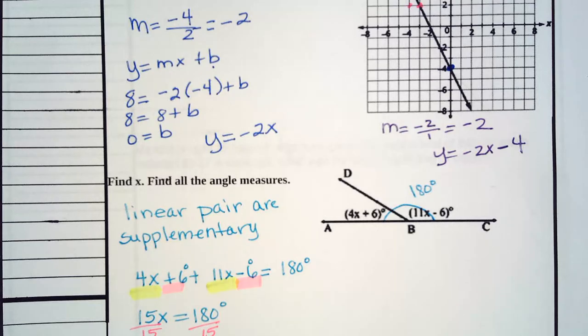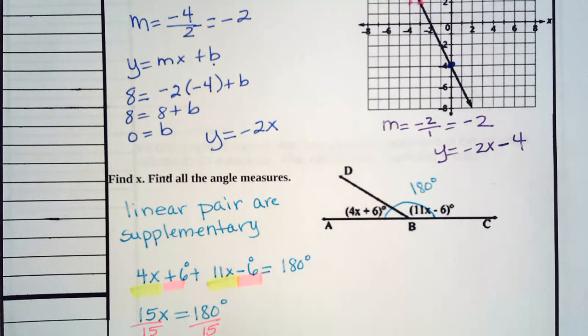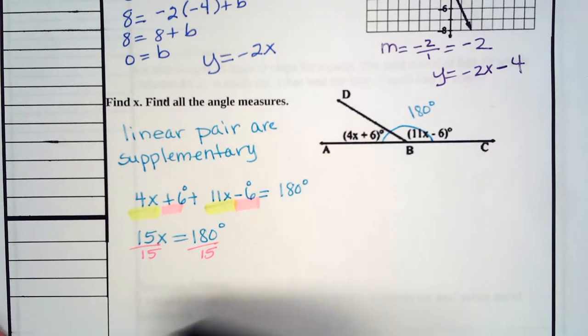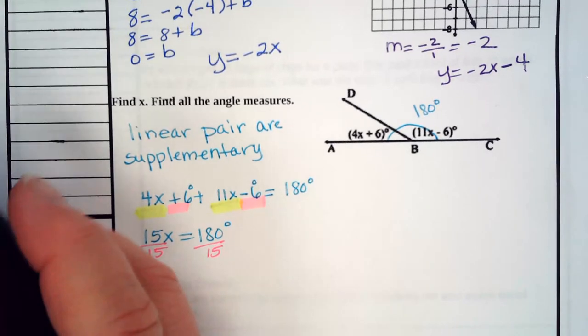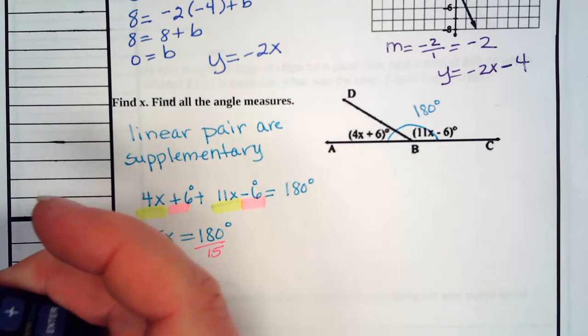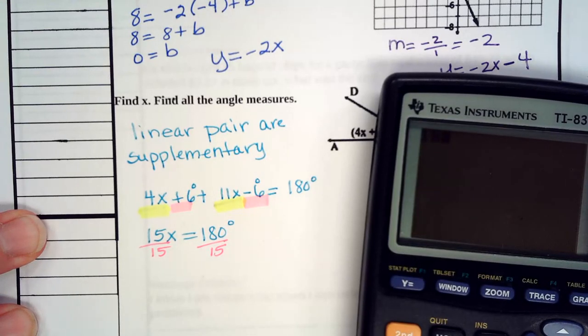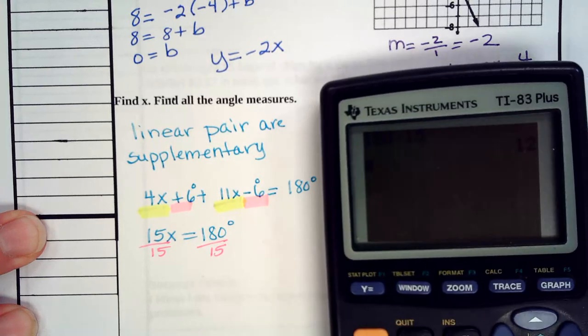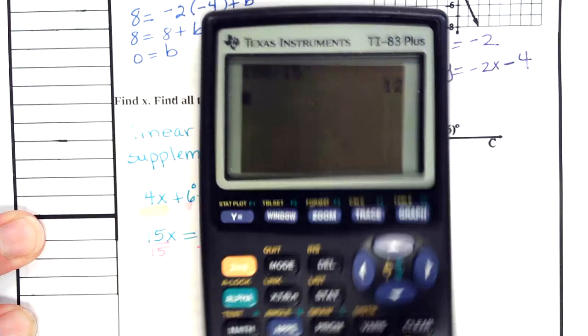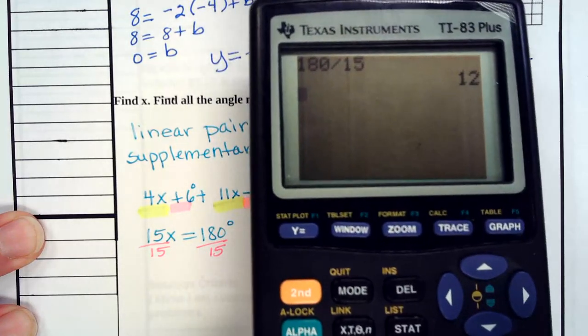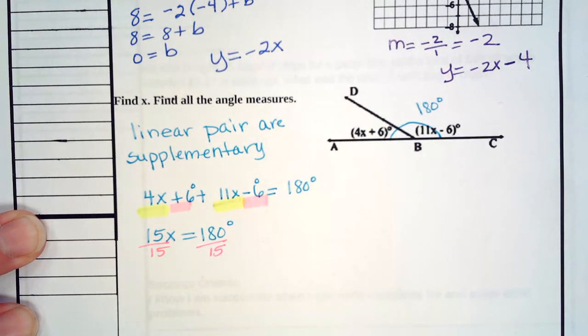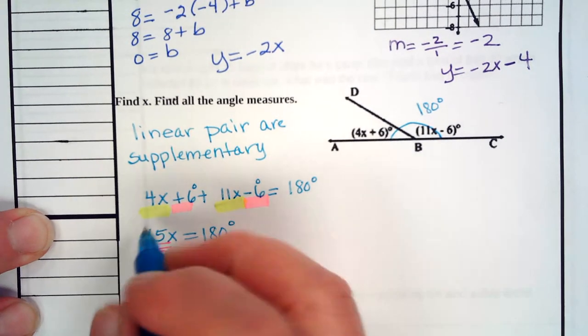Okay, so getting the calculator out. 180 divided by 15 gives me 12. So x is equal to 12.